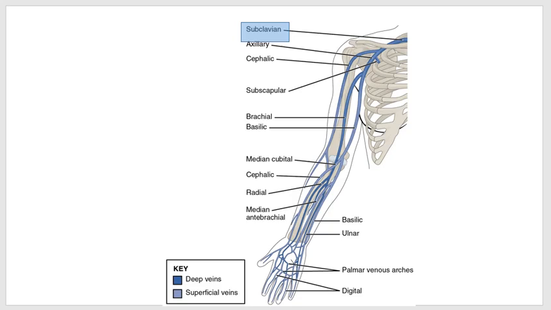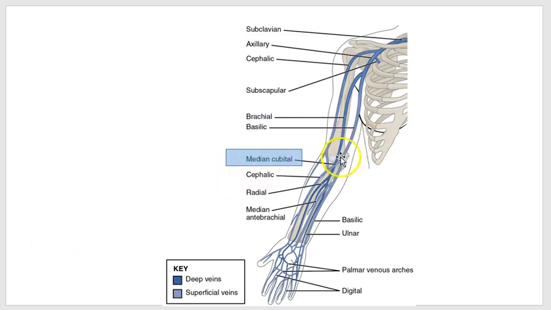Popping out over here to the arms again, you can see your subclavian coming out under that clavicle. Axillary after it comes out from the clavicle around the armpit region and splitting into your axillary and your cephalic. Off the axillary, you're going to have your brachial and then your basilic.